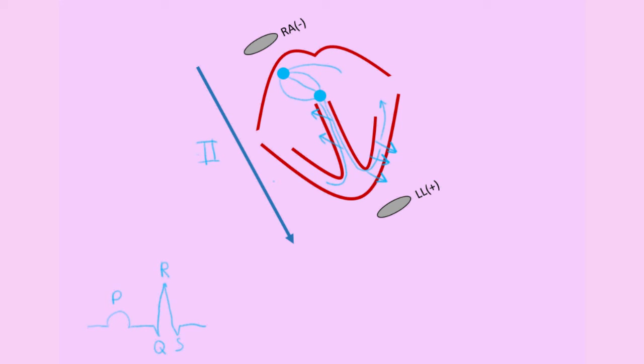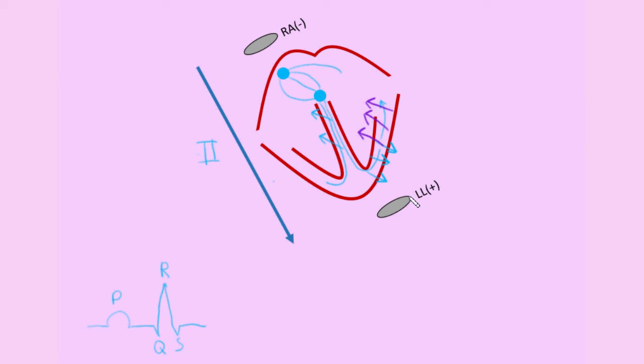And finally, we will have repolarization of the ventricles. Repolarization moves from the outside inward, so opposite of depolarization, so occurring in this direction, which is away from our reading electrode.